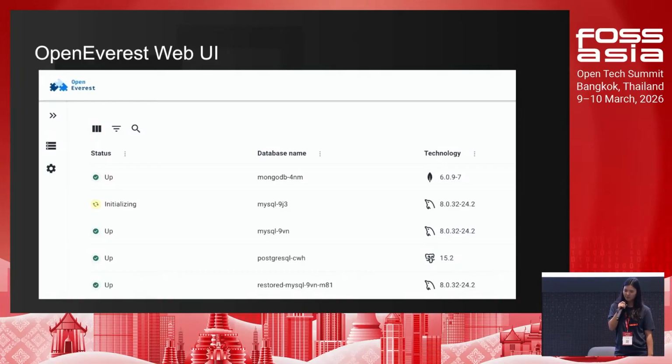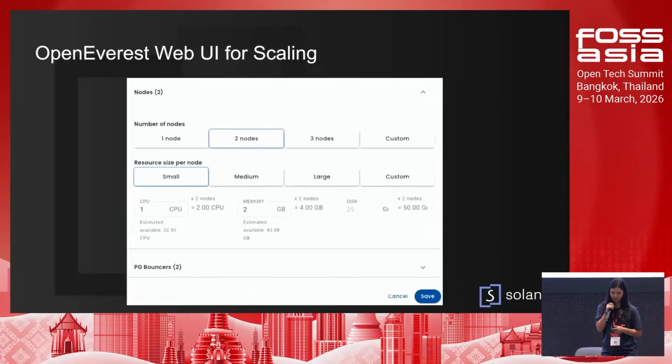This makes it extremely simple to not only provision but manage databases, scale, and create backups and so on. And this is just an example showcasing how you scale, either increasing the number of replicas or increasing the resources for each database instance. So it's really simple to start off.